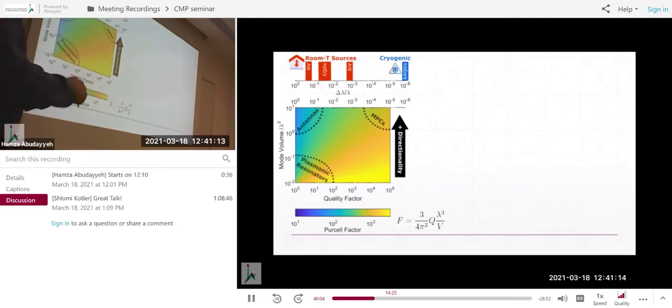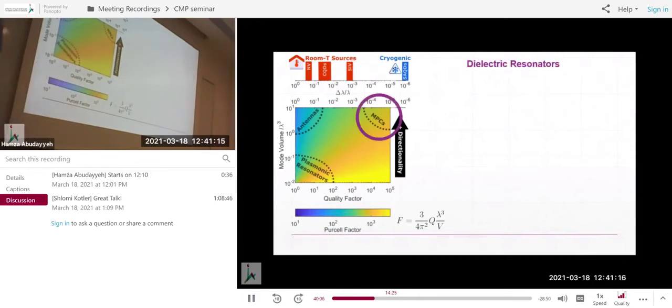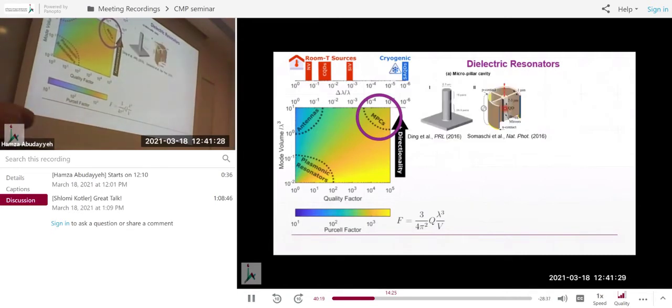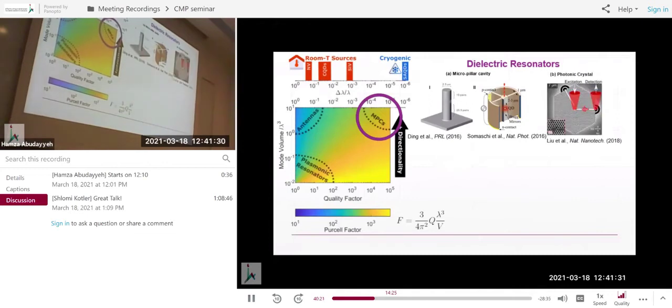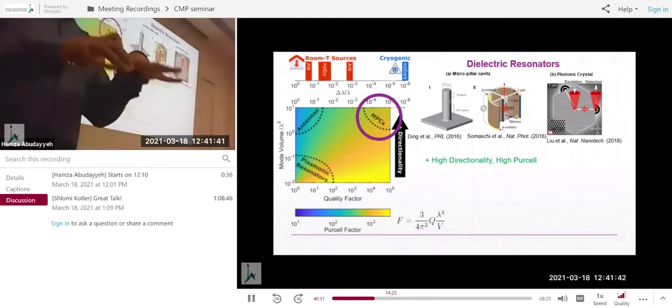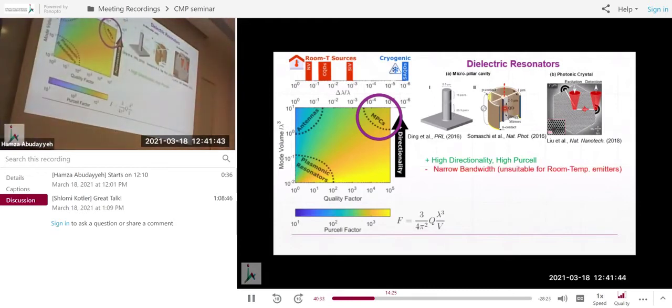So there are many interesting regions in this plot. For example, the top right region here is typically occupied by dielectric resonators. What's really characteristic is they have really high quality factors and large mode volumes. These are structures like micropillar cavities or photonic crystals. What's really nice about this is, because of the high quality factor, you can get very high Purcell factors, and because of the large mode volume, you can get high directionality in the same structure, okay?